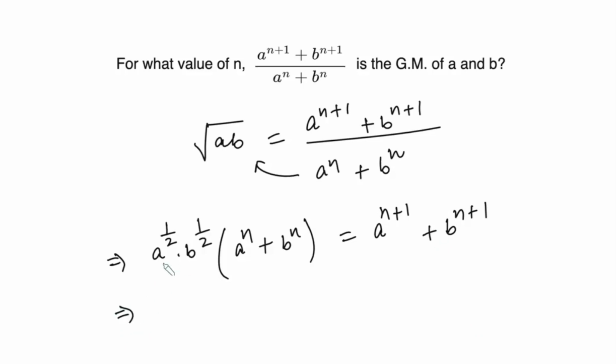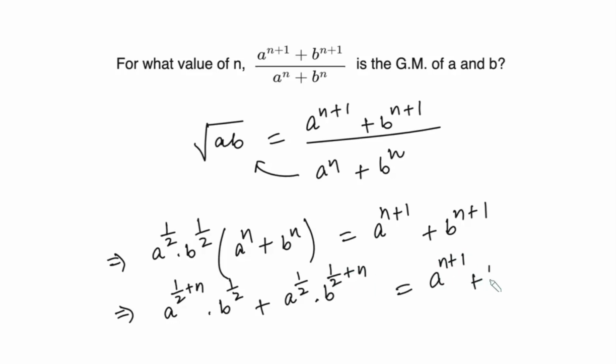Simplifying further, the left hand side can also be written as a^(1/2 + n) times b^(1/2) plus a^(1/2) times b^(1/2 + n). And on the right hand side, we have a^(n+1) + b^(n+1).